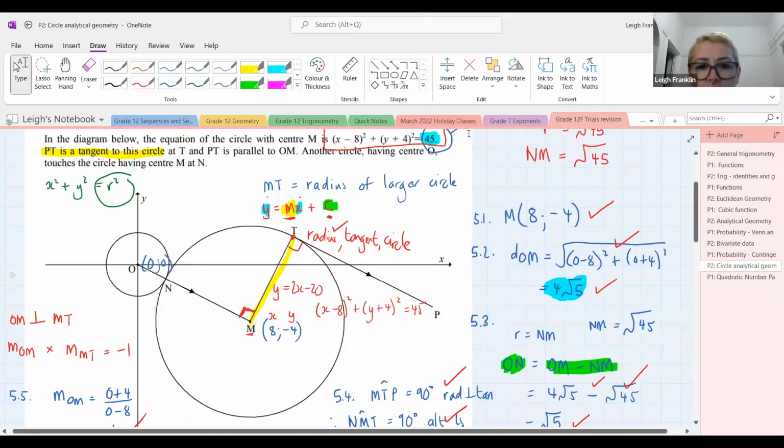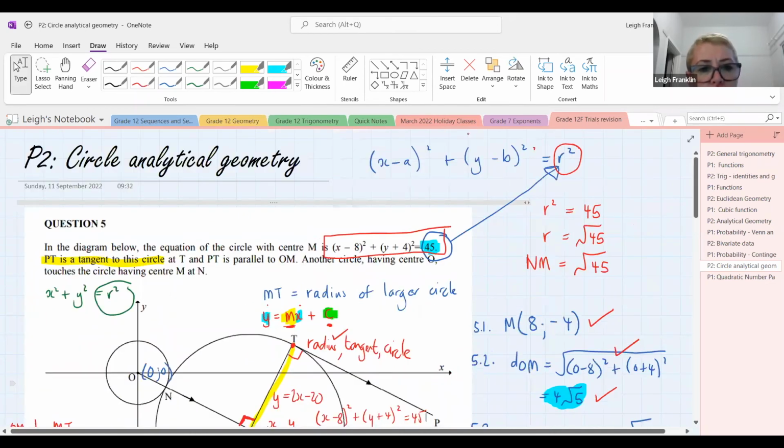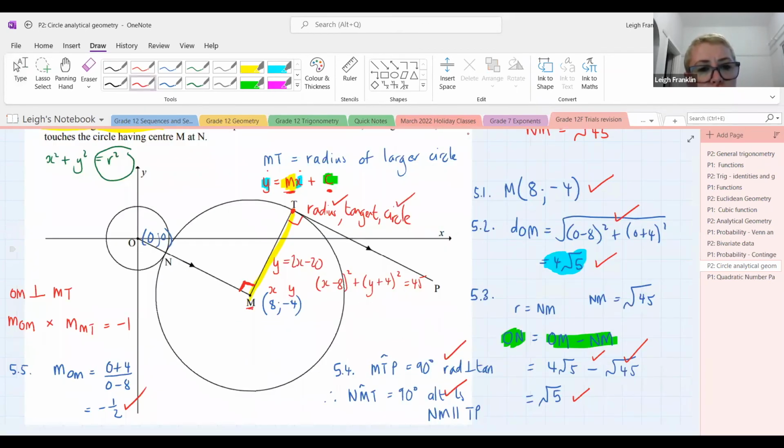I think I've written it down right. Yes, there we go. So we know that at T, these 2 equations are equal to one another.